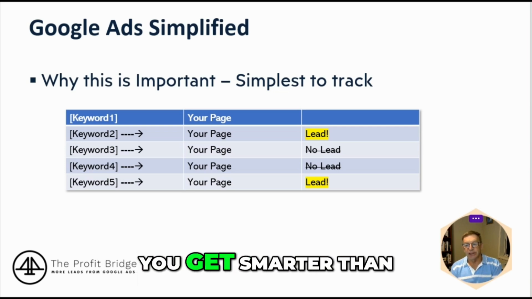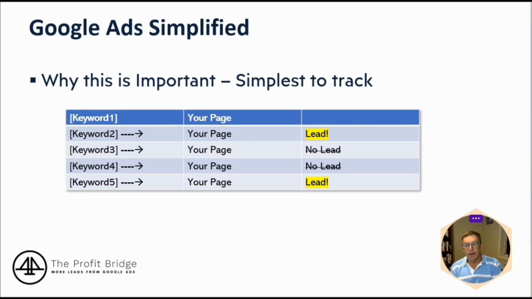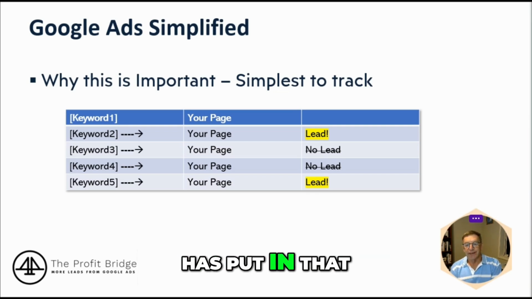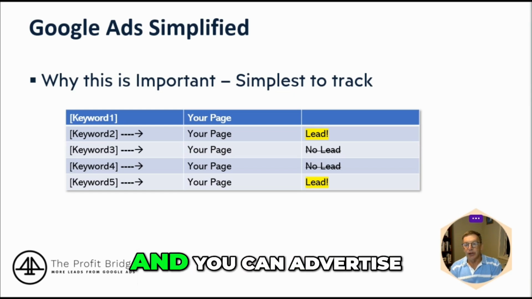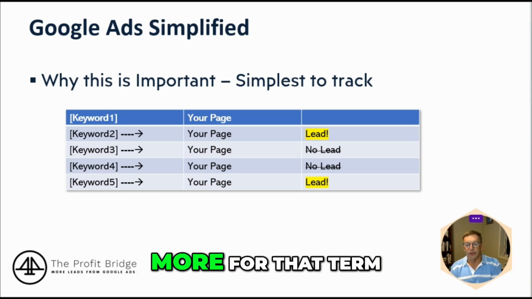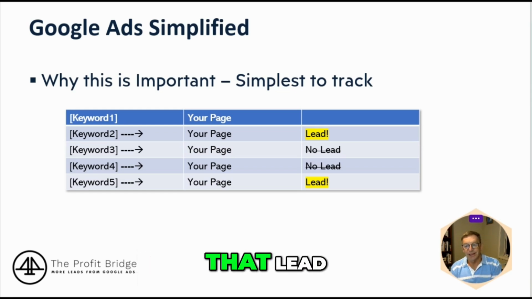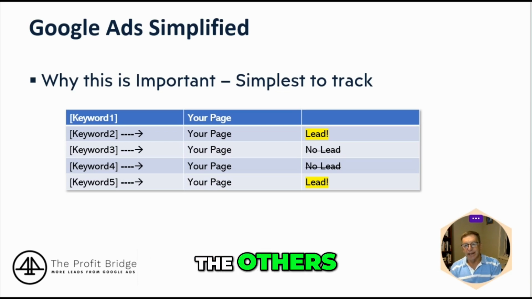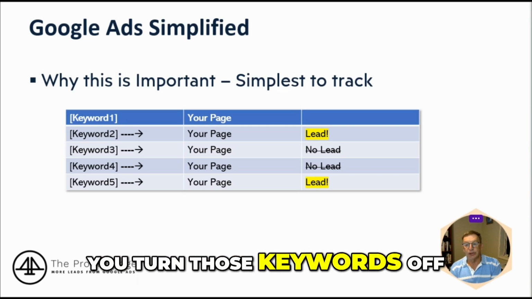And this is where you get smarter than everyone else. You can actually find what a person has put in that has generated a lead, and you can advertise more for that keyword than you do for the others. And where there are no leads, you turn those keywords off.